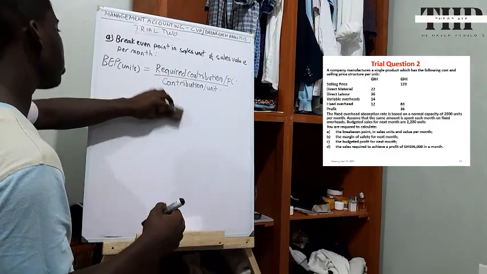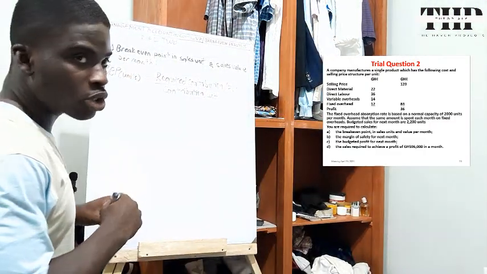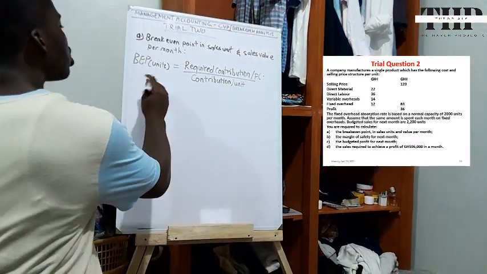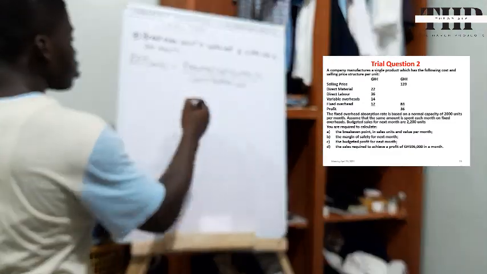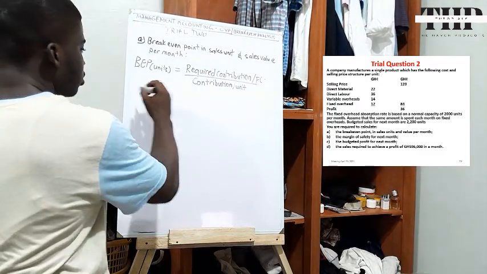But inside the 84 includes the fixed overhead, right? And contribution is only the selling price minus the variable cost. So we are supposed to remove the fixed overhead: 84 minus 12.